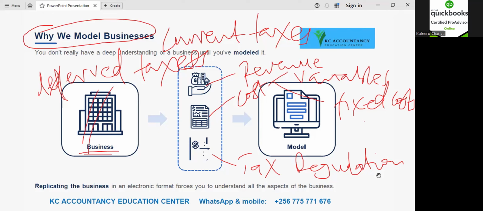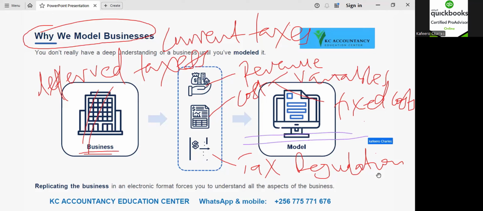So once we understand all these different aspects of our business, then, and it is only then, we can start doing what we call modeling.